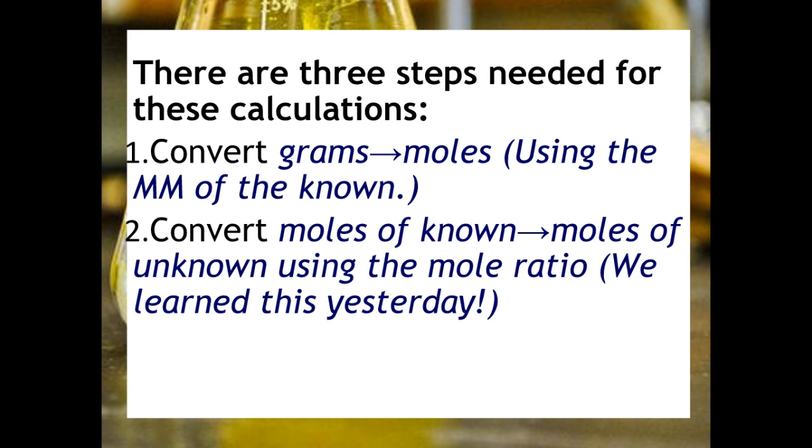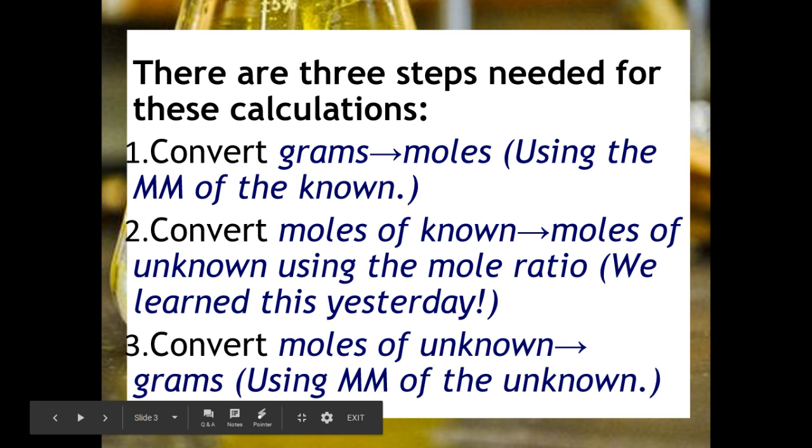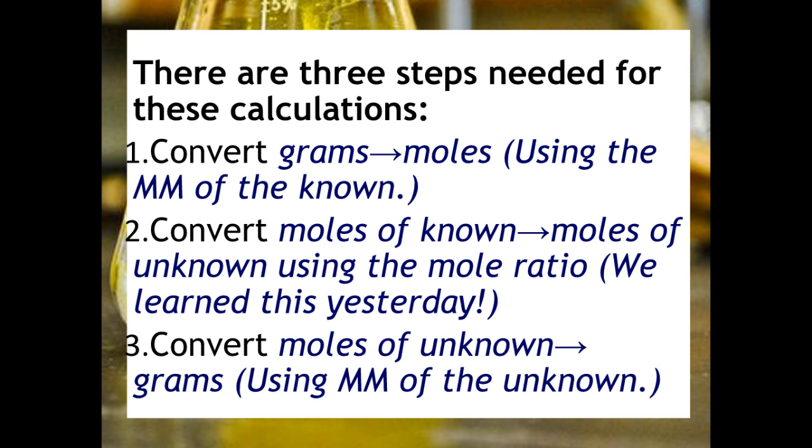Okay, so number 2, convert the moles of your known, so whatever you were given, to moles of your unknown, the one that you're looking for, using the mole-to-mole ratio that we did on day 1. Then whatever unknown you now have, you convert that back to grams by using molar mass off the periodic table.